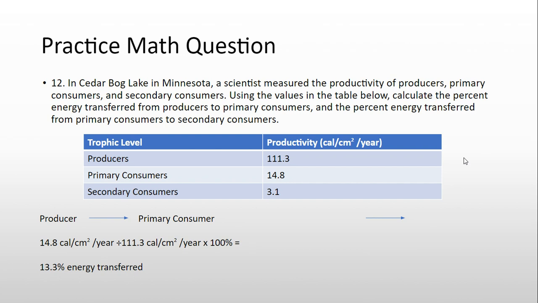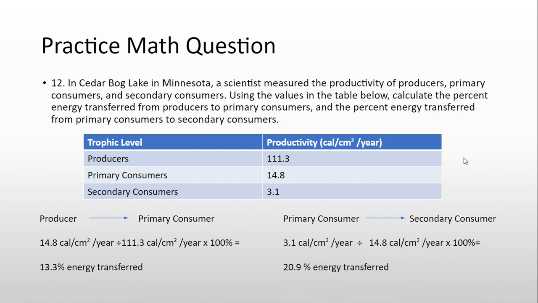We multiply that by 100, which gets us about 13.3% energy transferred. Looking at the primary to secondary consumer level, we can see about 20.9% energy is transferred. And remember, that 10% rule is simply an approximation. Real ecological efficiency can range between 5 and even 20%.